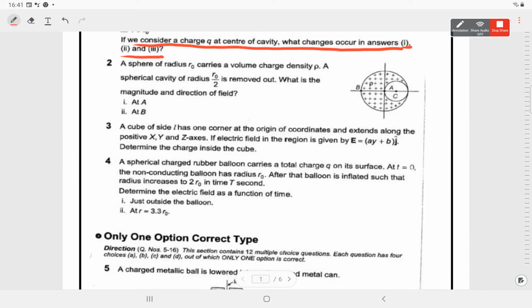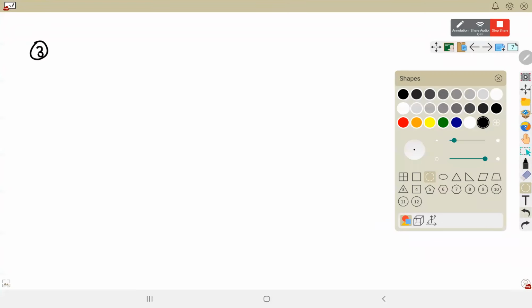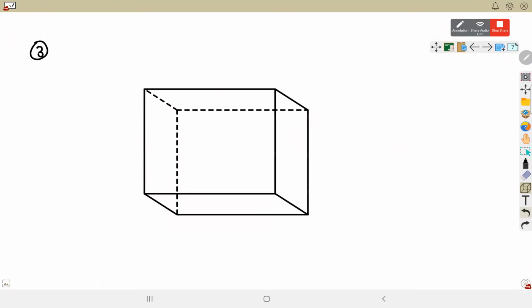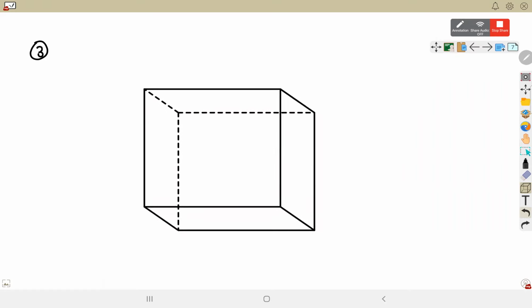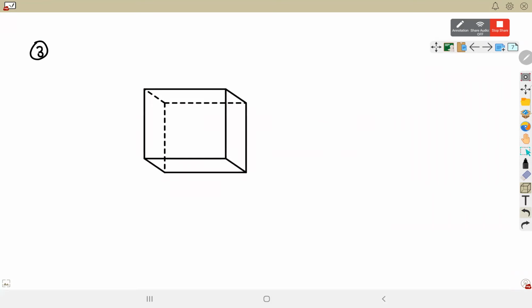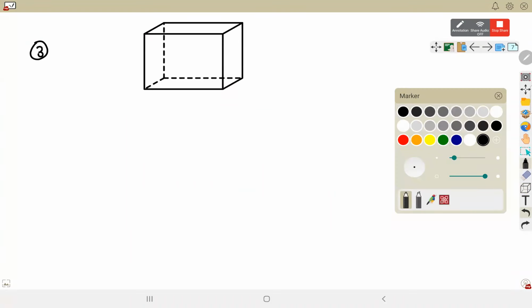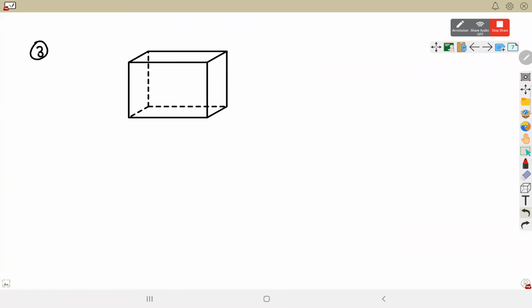Okay. Electric field is towards J cap and this is a cube of side length L. Assume it to be a cube of side length L. So this is the X, Y, and Z axis.